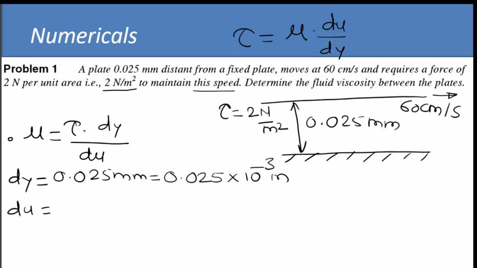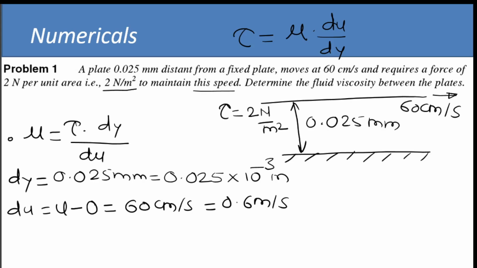So it is equal to u minus, the bottom plate is fixed so its velocity is 0. So it will be equal to 60 centimeter per second, which I can rewrite as 0.6 meter per second.